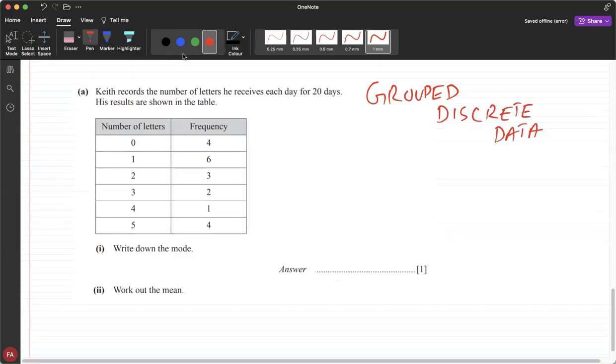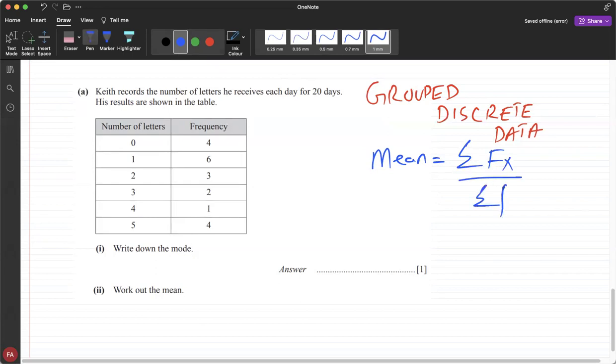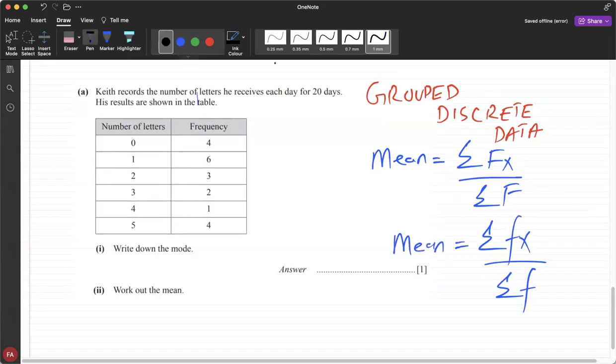And I told you, if it's grouped, we write down the formula for mean as sigma fx over sigma f. It doesn't matter whether you write down f as capital. In some places, you'll see that it's written in this way. Again, it's the same thing. It's not case sensitive, all right?